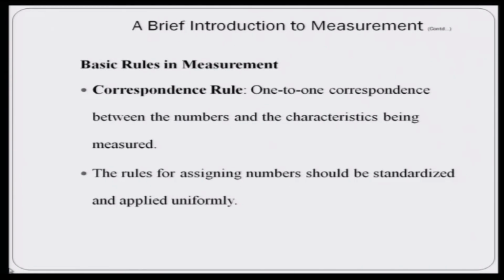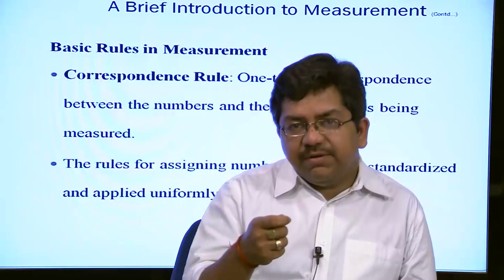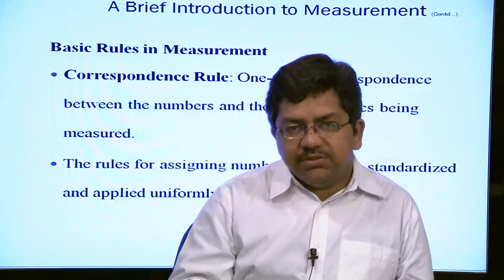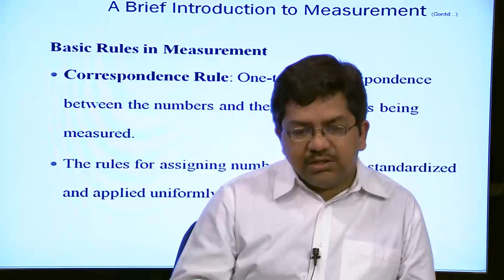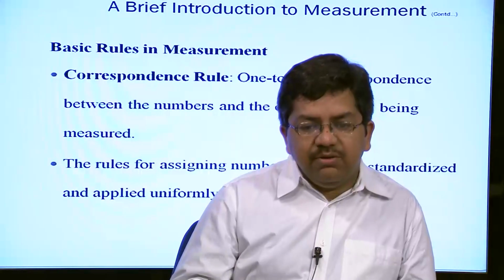There are some basic rules in the measurement, that is the correspondence rule, that is, one to one correspondence between the number and the characteristic being measured. You cannot assign two symbols or two numbers to one object or entity. Based on its property, one object will have a particular number. So, there has to be one to one correspondence, and the rule for assigning numbers should be standardized and applied uniformly.